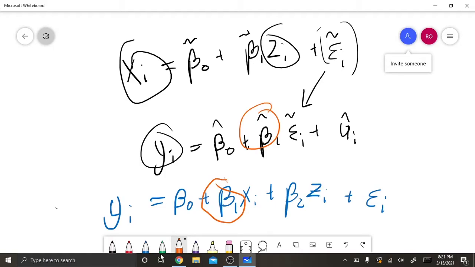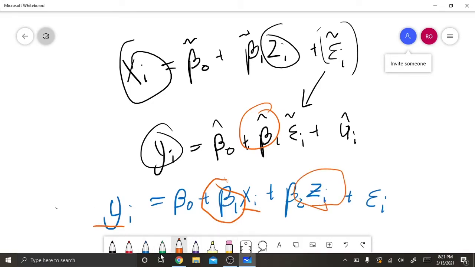When we run this side regression and get this residual and then regress our dependent variable on the residual, what this slope is telling us is the effect of xi on y after controlling for z.